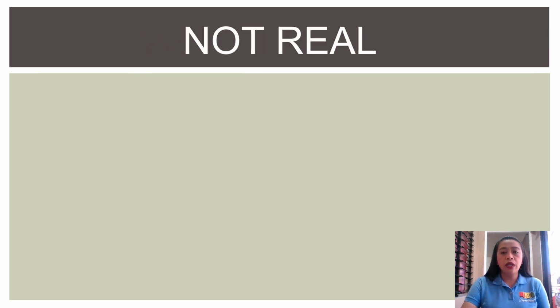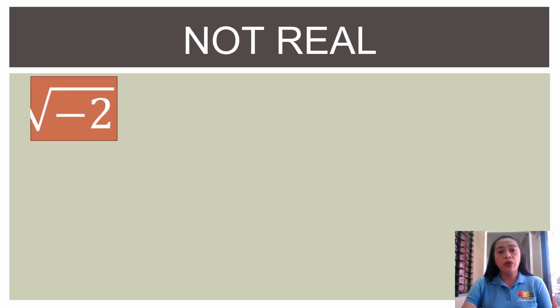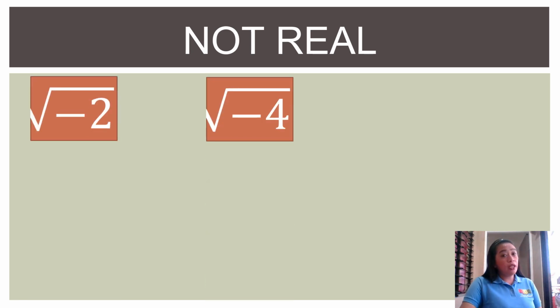Okay? How about the not real? We have the square root of negative 2 and the square root of negative 4. These are not real because we don't have any square root of a negative number. So they belong to the not real numbers, those with a square root but negative.